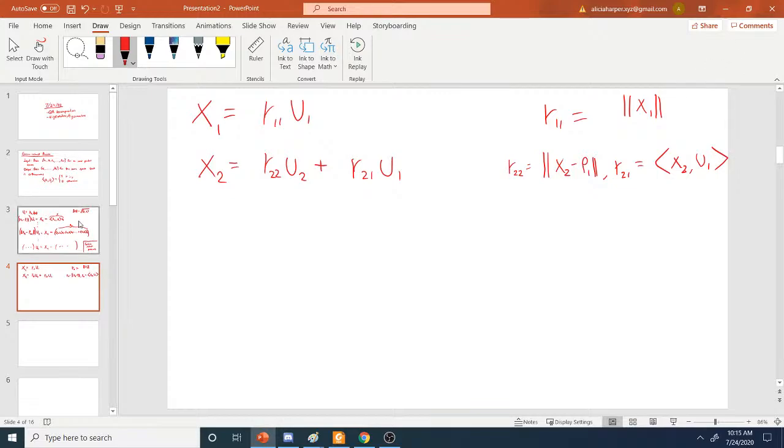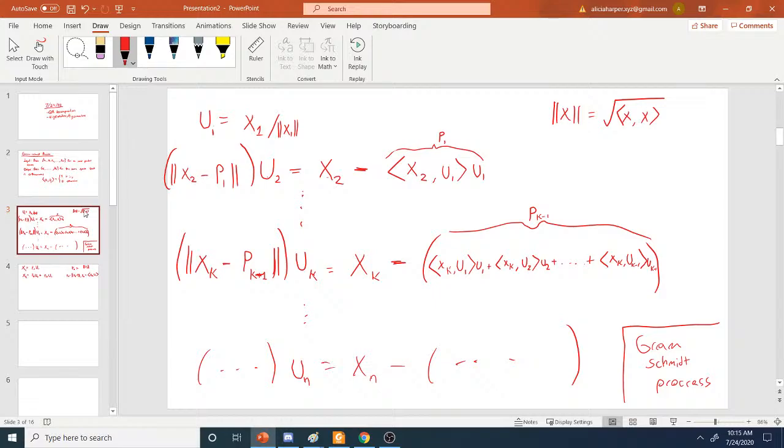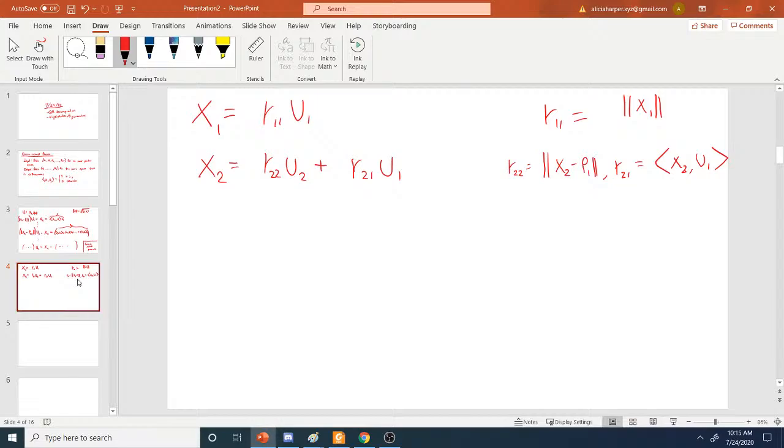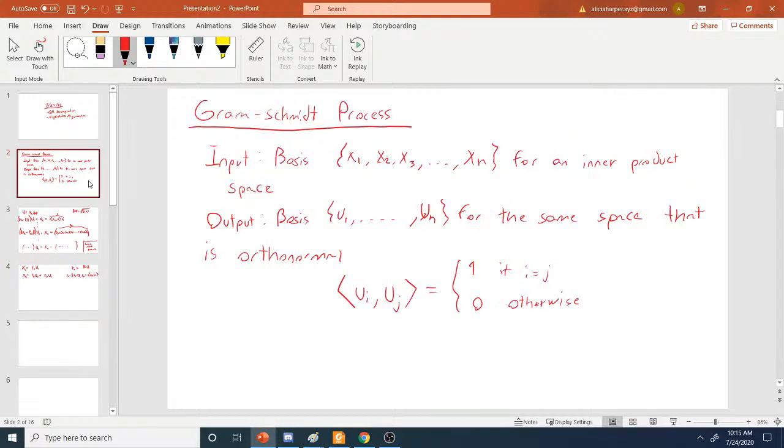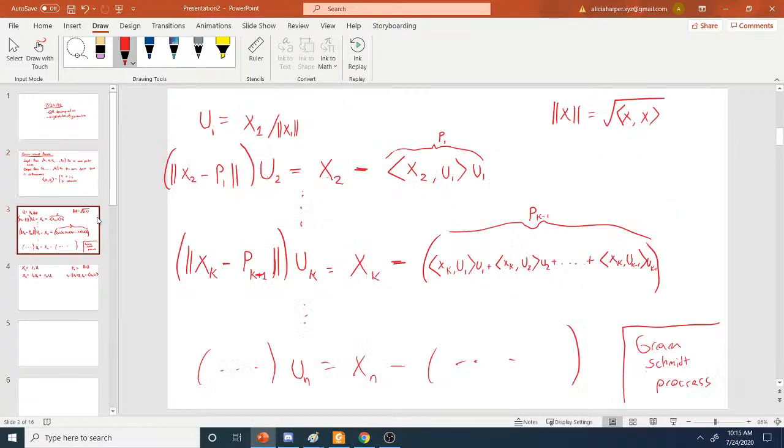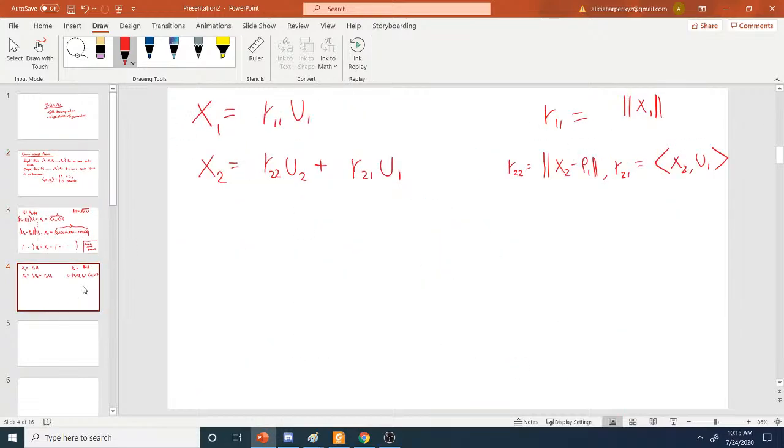So here I was writing down expressions with the thought in my head that I'm going to use these expressions to compute the vectors u1, u2, uk, and you compute them recursively. But now what I'm doing is I'm expressing my original basis vectors x1, x2, and so on, in terms of these new vectors, u1, and then x2 is being expressed as a combination of u2 and u1. And likewise, we can express xk as a linear combination of the vectors u1 through uk.